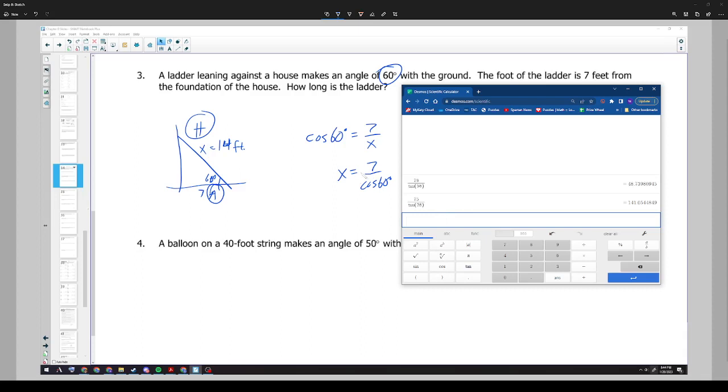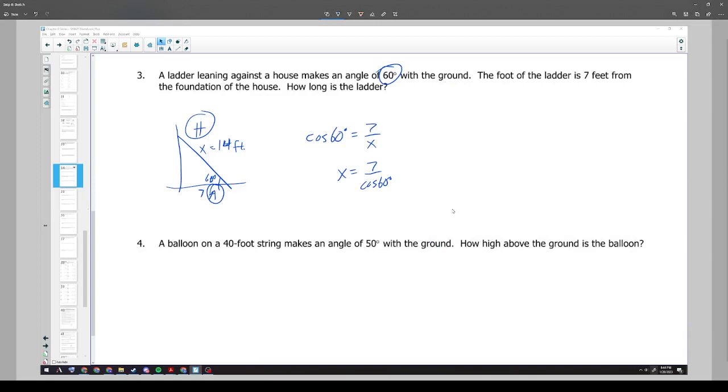So let's just type it in without the 7 and do cosine of 60. See, and we get exactly 0.5, which is just beautiful. Good thing. So if we type in 7 over cosine of 60, that's 7 over 1/2, which is 14.